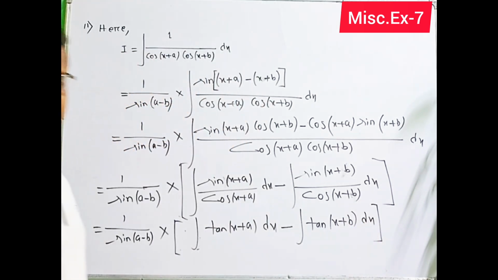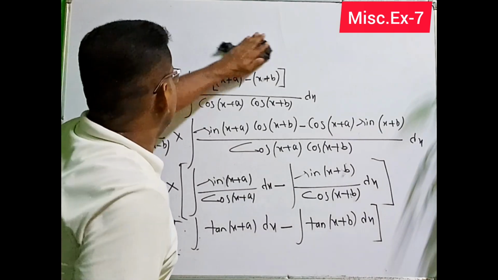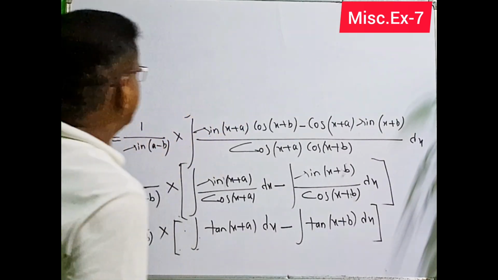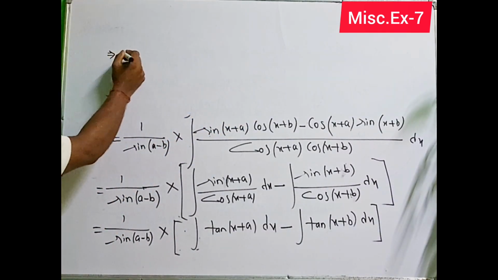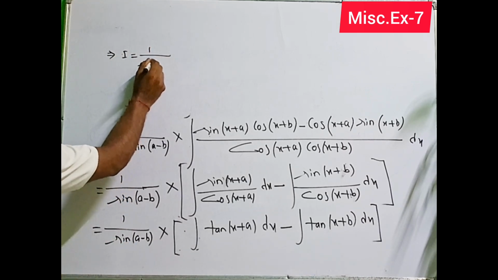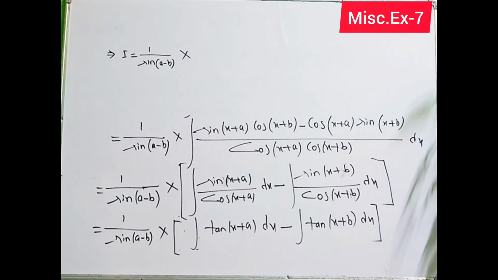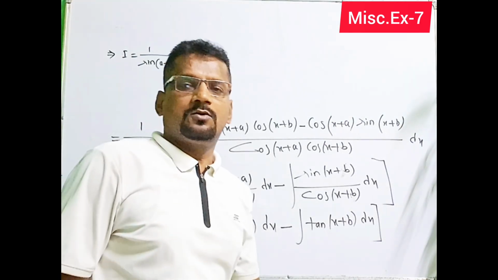So finally your answer will be, after this step you can write I equals to 1 by sine a minus b into integration of tan x, log of sec x.